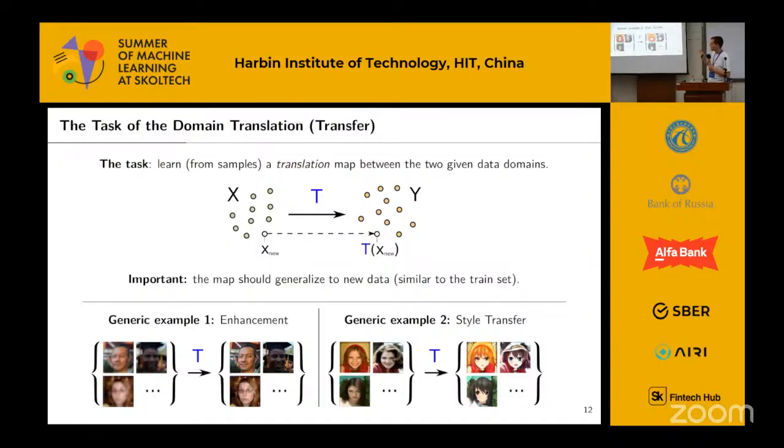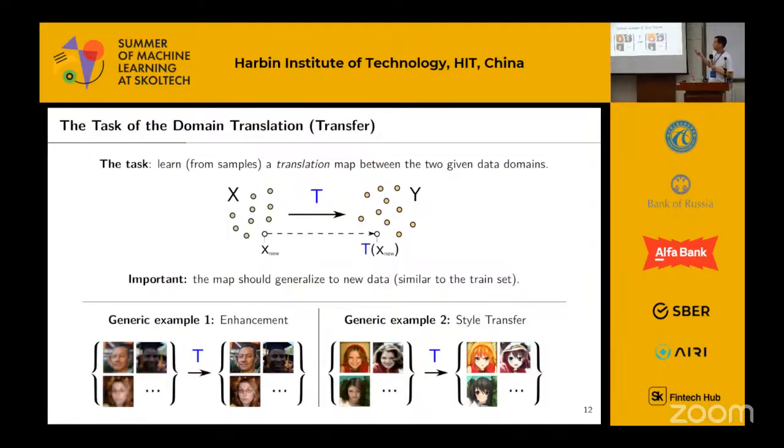For example, the standard applications are various image-to-image problems, such as image restoration: image super resolution, image deblurring, image denoising, restoration of artifacts from images, and so on. Style translation problems, modality translation problems, some problems from medicine related to transfer of MRI data, and so on.